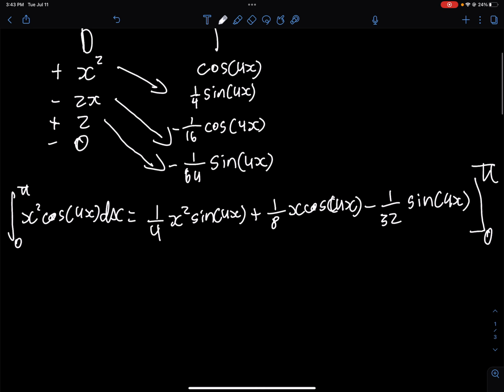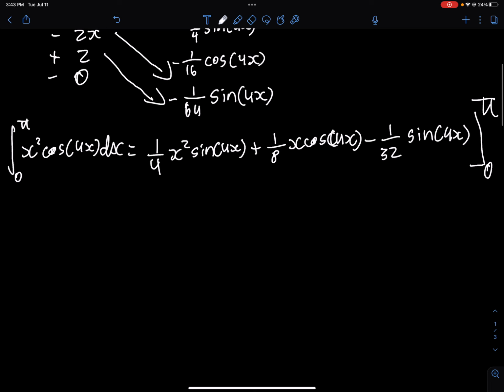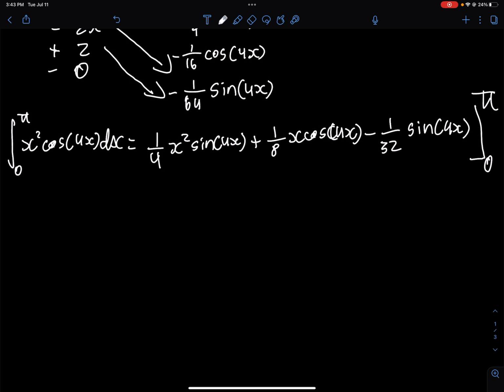So the first thing that we can see, okay, so let's plug in pi. So this will be equal to 1/4, and then we have, let's make this a much larger bracket.